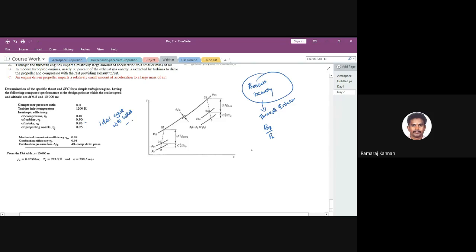Or how much work is required for running the compressor, that also we can calculate. Or how much work is provided by the turbine, that also we can calculate, because we have the mechanical efficiency and the compressor work input. So that we can find.